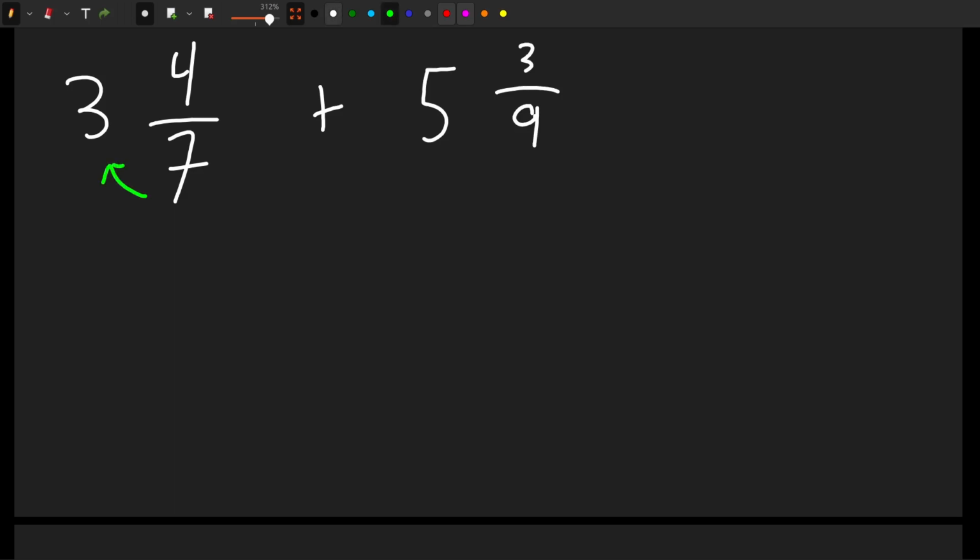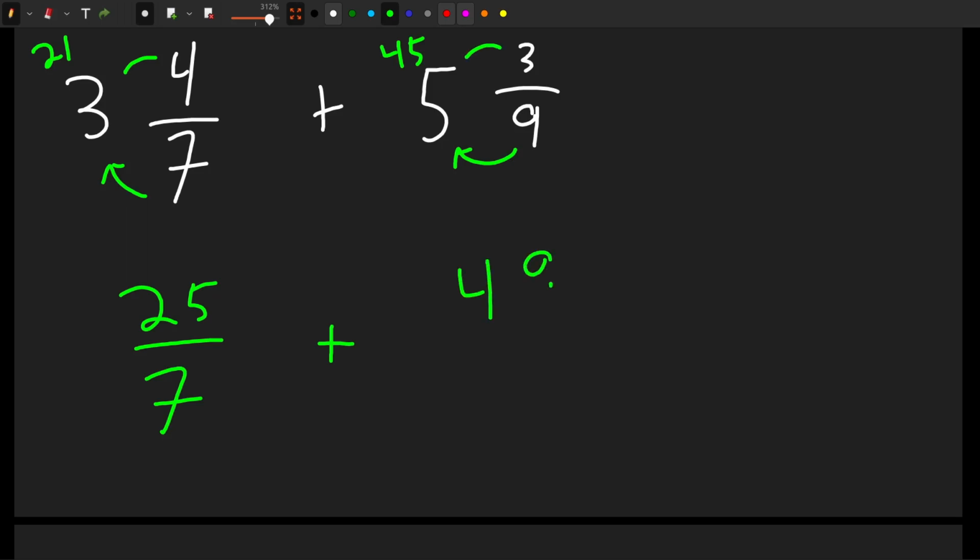Multiplying 3 and 7 together, I get 21. Adding the 4 together, I get 25 over 7. 5 and 9 together, multiplying that, I get 45. Adding the 3, I get 48.